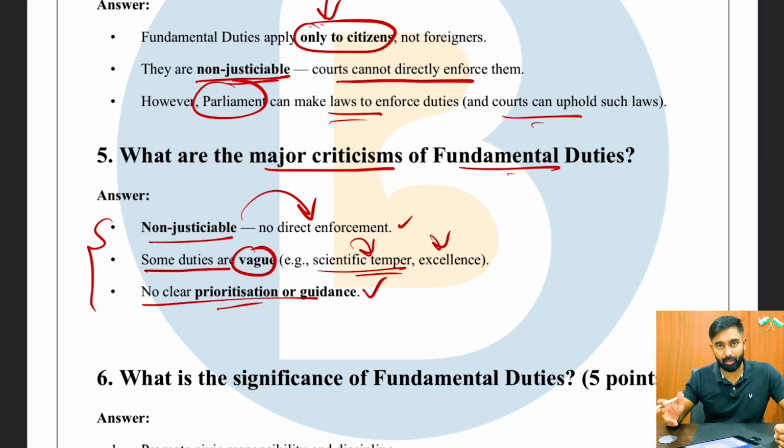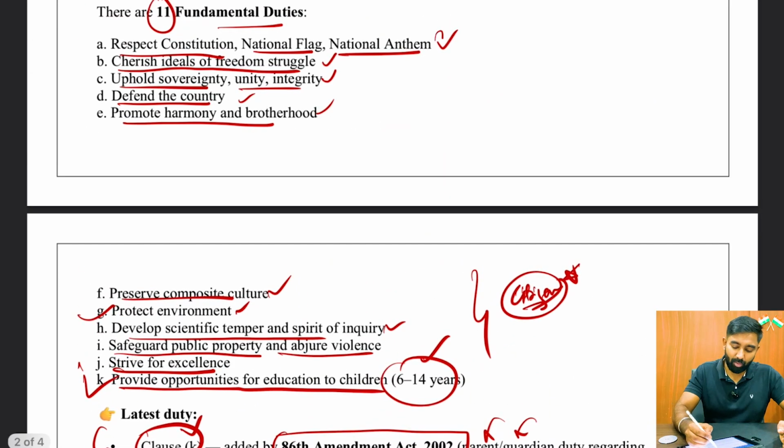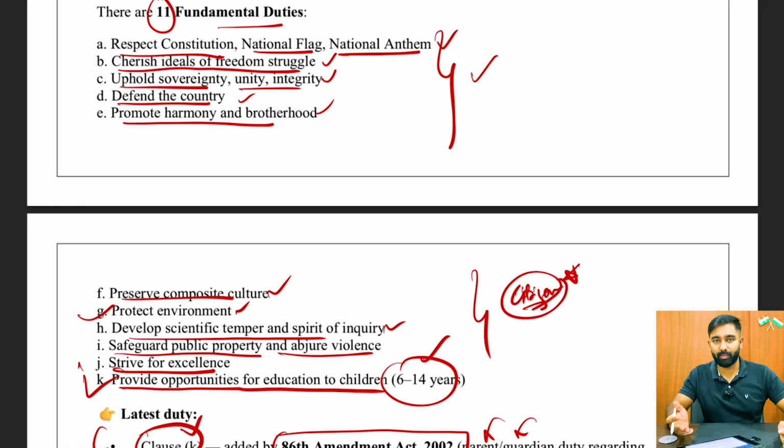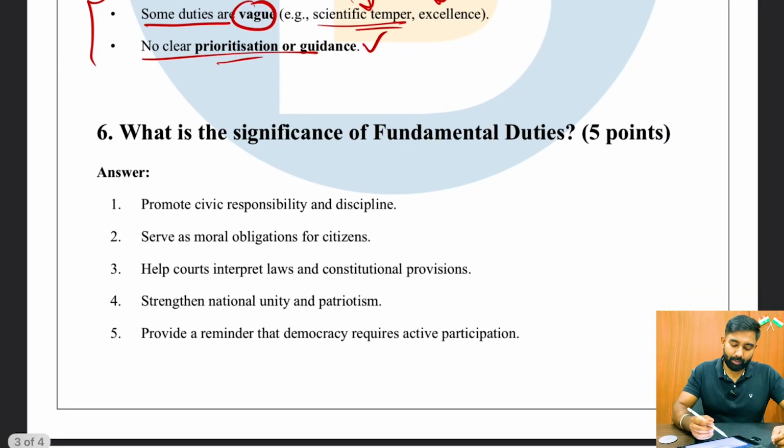Of course, they have clearly said Parliament can make law, but that doesn't essentially mean that for all of these duties to be followed, Parliament should every time make a new law, right? So there is no clear guidance even for the citizens as well, right? The civic sense, what is required for the citizens, that absolutely is lacking.